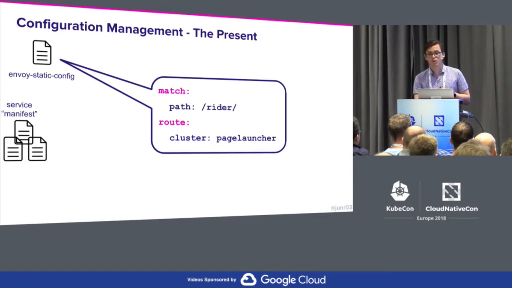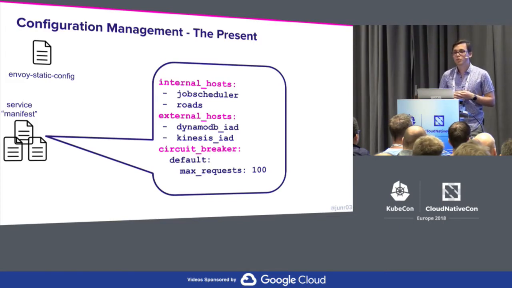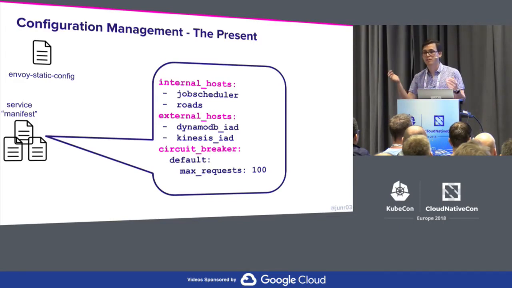In addition, you also want to configure the service mesh. So every single service at Lyft has a manifest, which hosts a plethora of configuration. And within that configuration, there's also Envoy configuration.